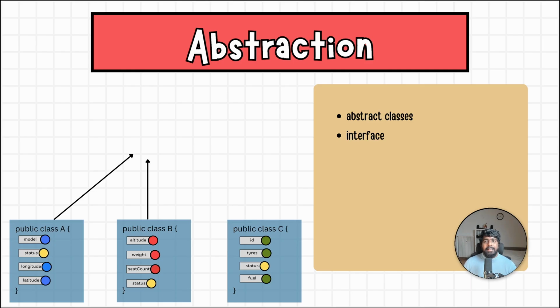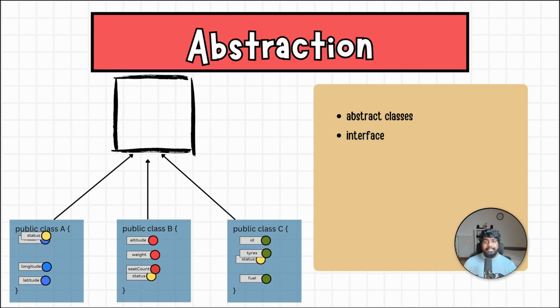After you have extracted out the multiple repeated sections into a common place, that common place can be seen as the prime example of abstraction. That place does not showcase the whole picture. You need to go into the implemented classes of that particular common section. Abstraction is really powerful.